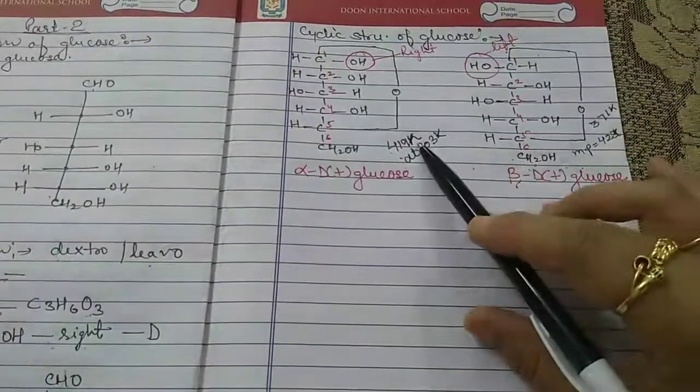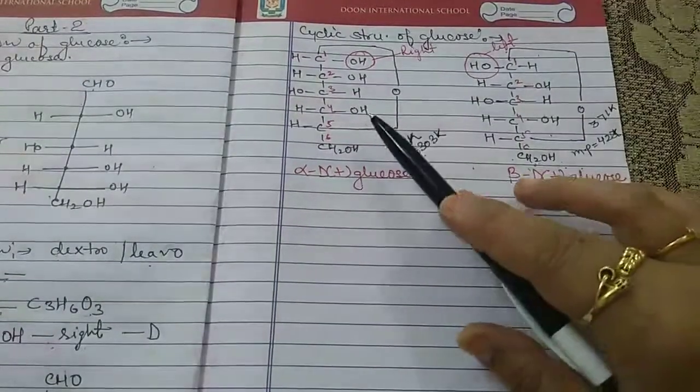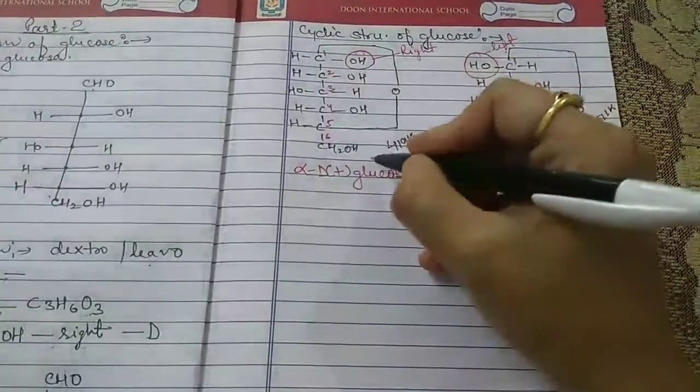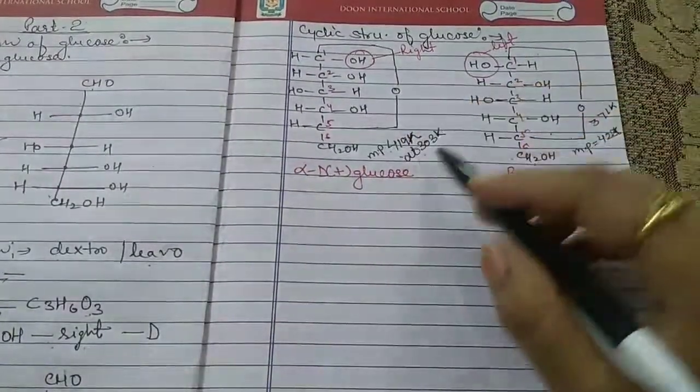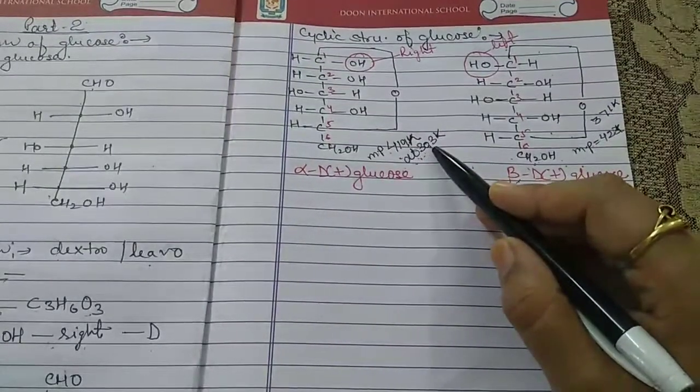So this is the difference between the preparation methods of the alpha and beta forms, in melting point as well as temperature.